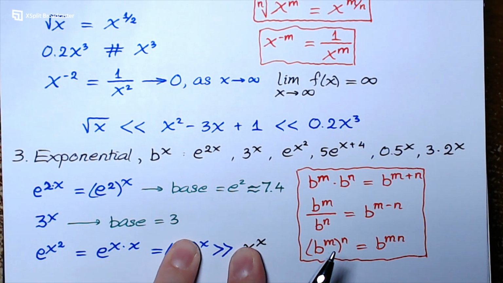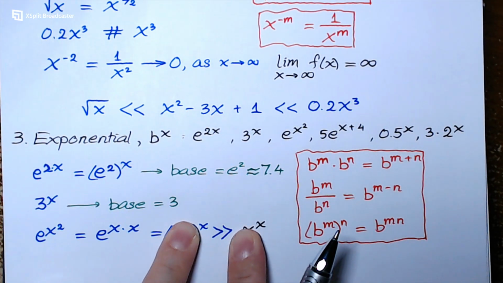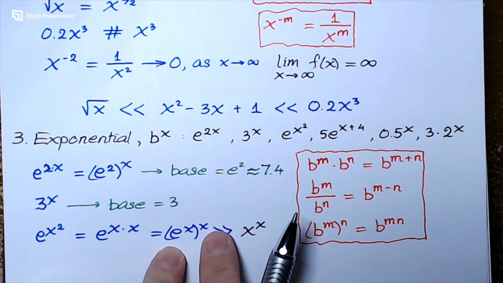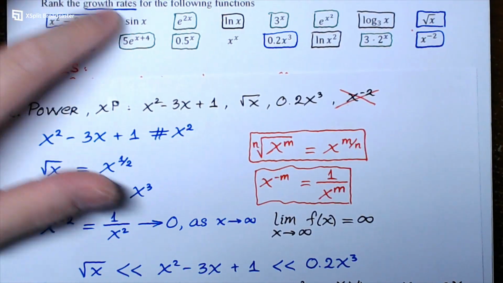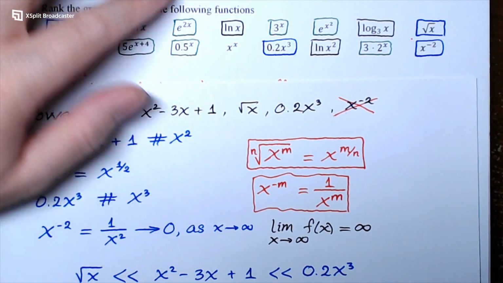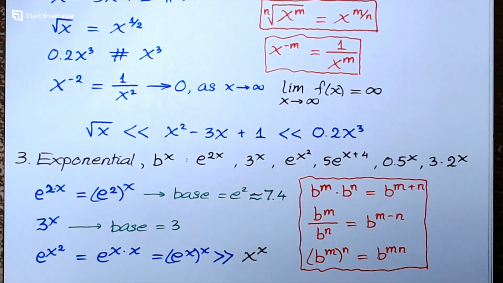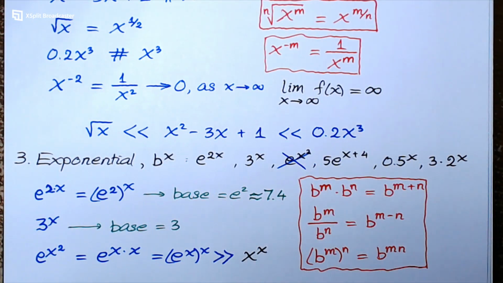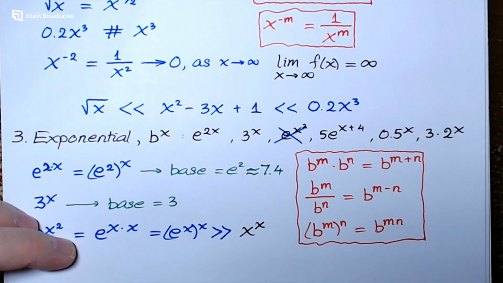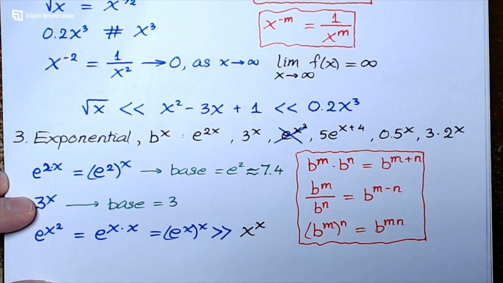So all things being equal of having the same exponent, e to the x is faster than this. So we found the fastest term of all of this, because that is even faster than the tower function. But we're going to take this out of the list because that is not in the exponential function family.